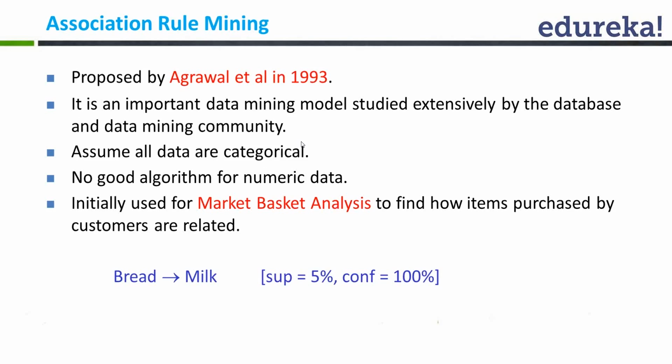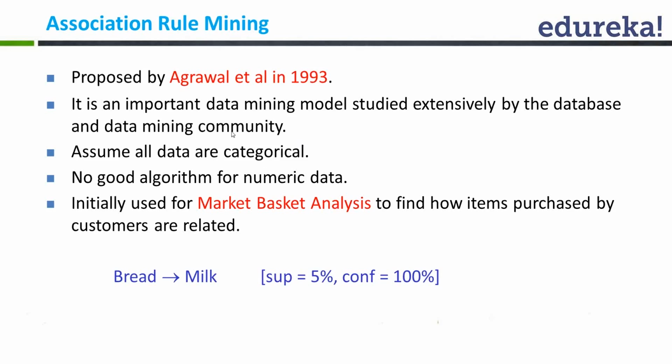That's the stuff that is output by association rule mining, and it's called association rule because it's trying to extract the association between different sets of items.